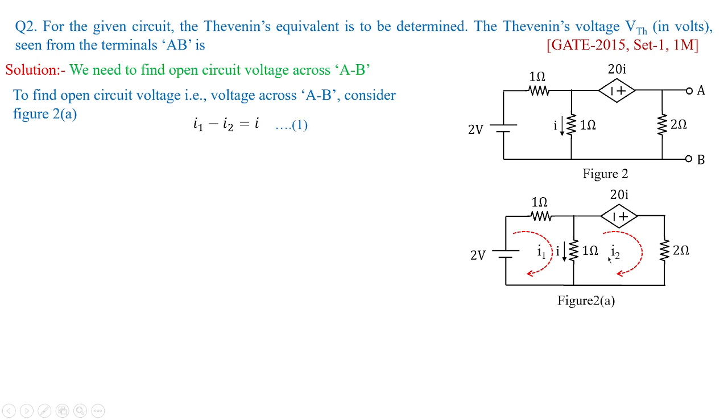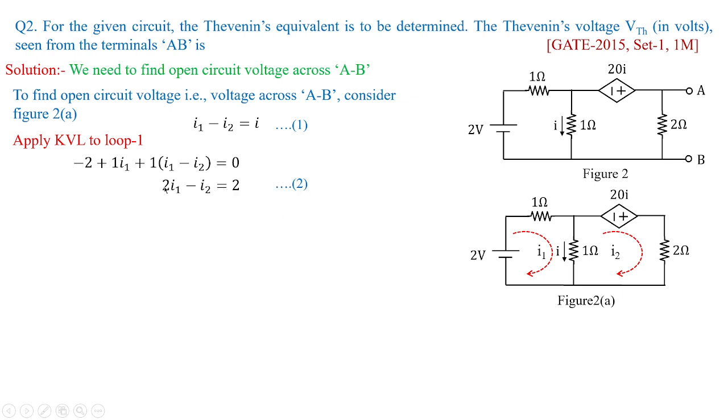As soon as you see this kind of problem, you see here the loop currents and the branch current. I1 and I are in the same direction. That's why here we are taking I1 minus I2 equal to I. We are treating this as equation 1. Then applying KVL to loop 1, I get minus 2 plus 1 I1 plus, again you have 1, I1 minus I2 equal to 0.